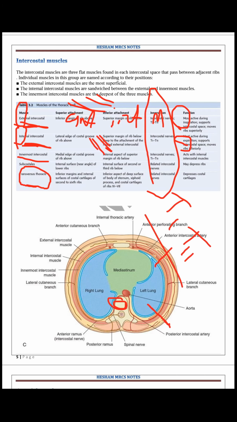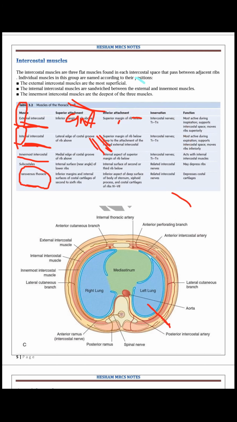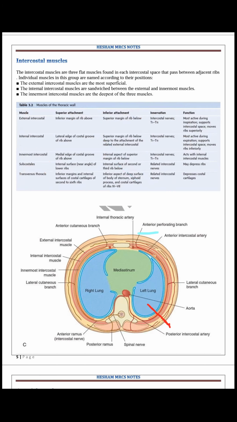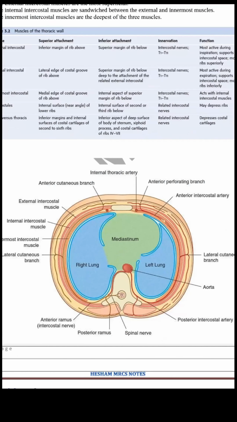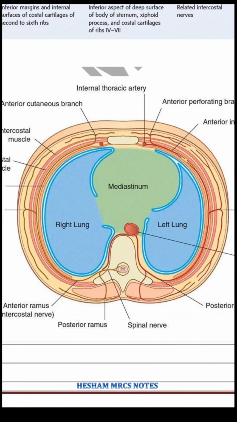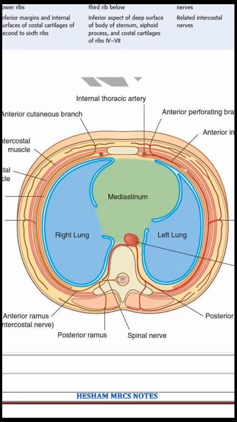Here, it is very important to know the course of the typical intercostal nerve and the course of the typical intercostal artery. I will show you, and we will discuss intercostal arteries in detail. Here is the anterior rami, which gives the intercostal nerve.